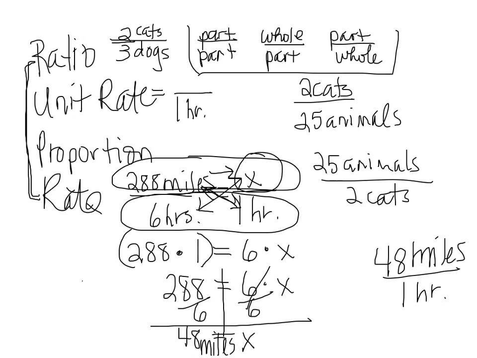You can also do this with money. People do this when you go grocery shopping. Let's say that you're talking about potatoes. I don't know what the going rate is for potatoes, so I'm going to make up a number. It's probably unrealistic. Okay, let's say that it's $8 for 3 pounds.